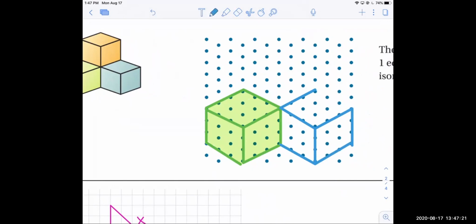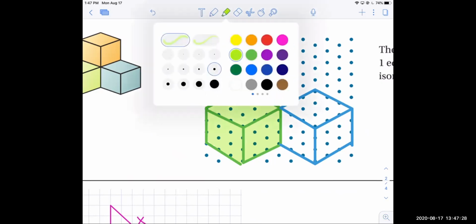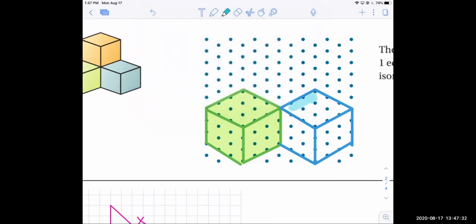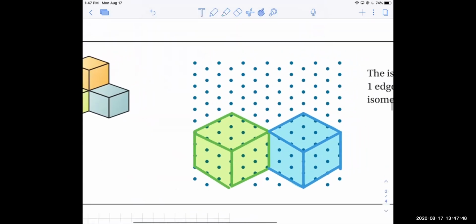It's actually a lot easier doing this in Notability than it is on paper, because on paper you have to use a straight edge or else it is not working straight at all. You have orange.